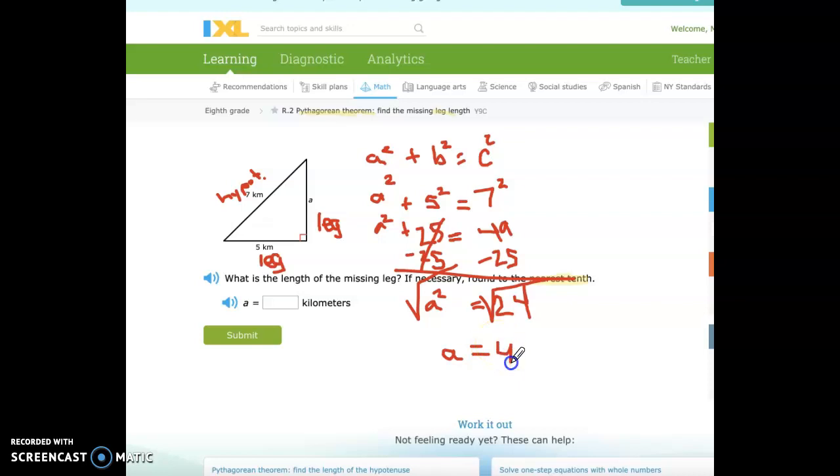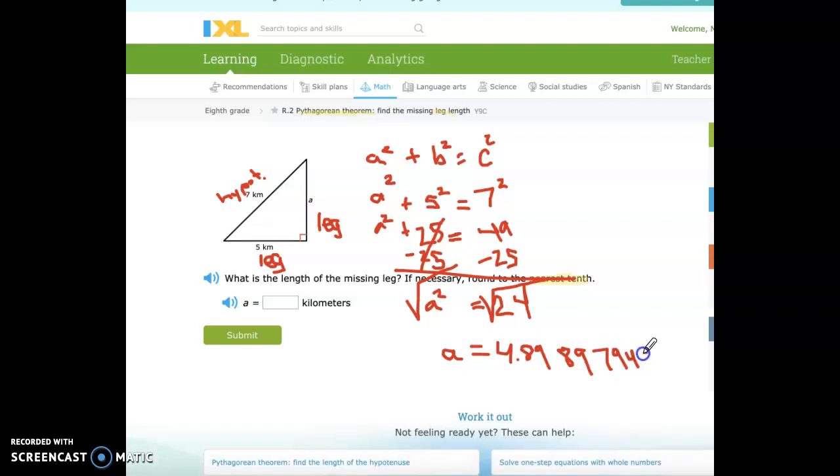All right. So for my answer I have 4.897948 6, approximately equal to 4 point, here is my tenths.